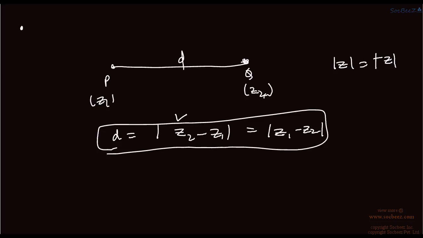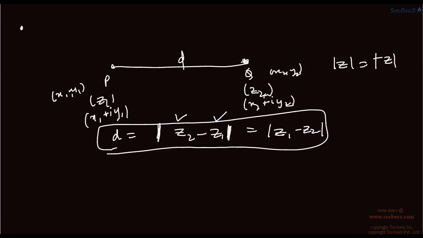You subtract the real part from the real part; you subtract the two complex numbers and take the mod of that. That will give you the distance between two complex numbers. It's just like coordinates. Let's say z1 is x1 plus I y1, and z2 is x2 plus I y2. This is just like x1 comma y1 and x2 comma y2.